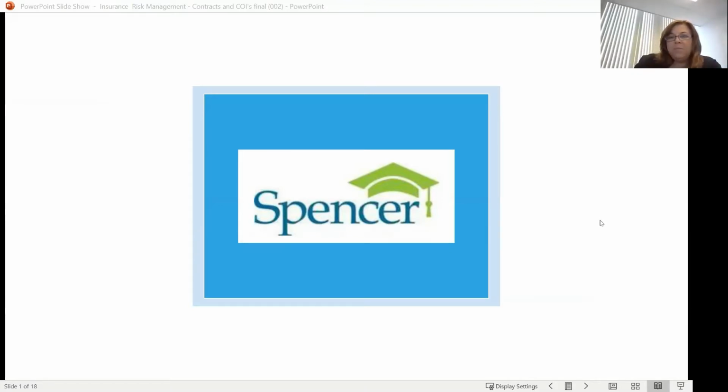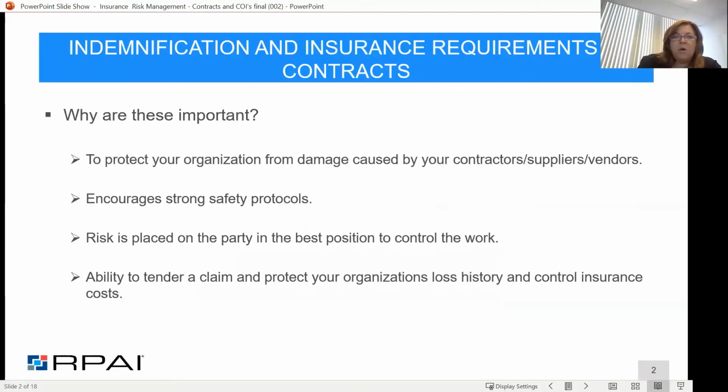So we're going to talk about certificates of insurance and contract language and how they relate and why they're so important. So we have indemnification and insurance requirements in contracts.